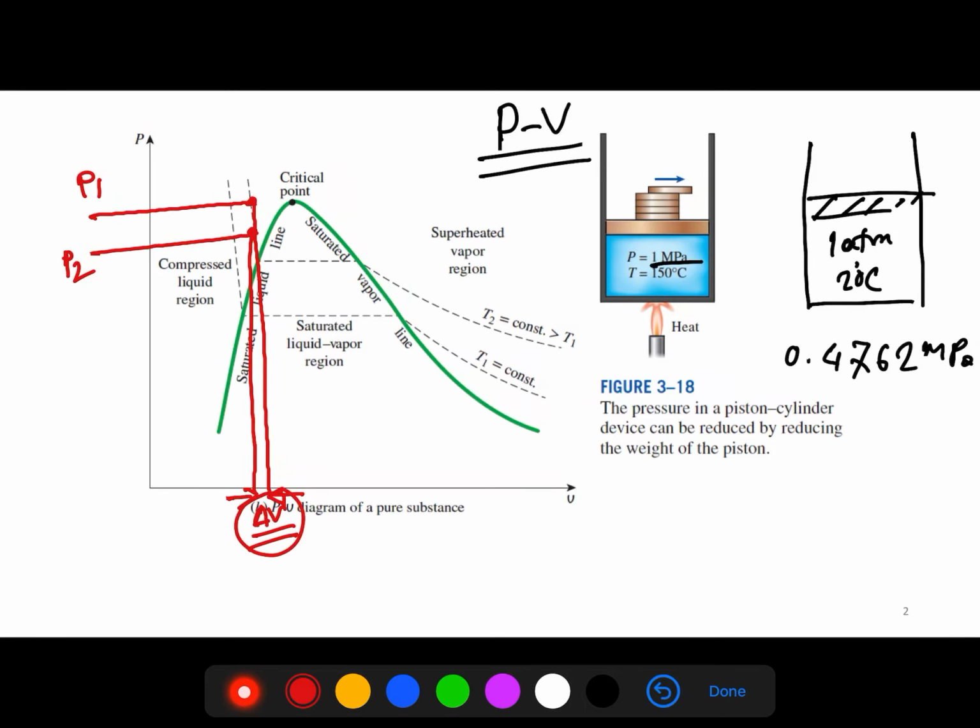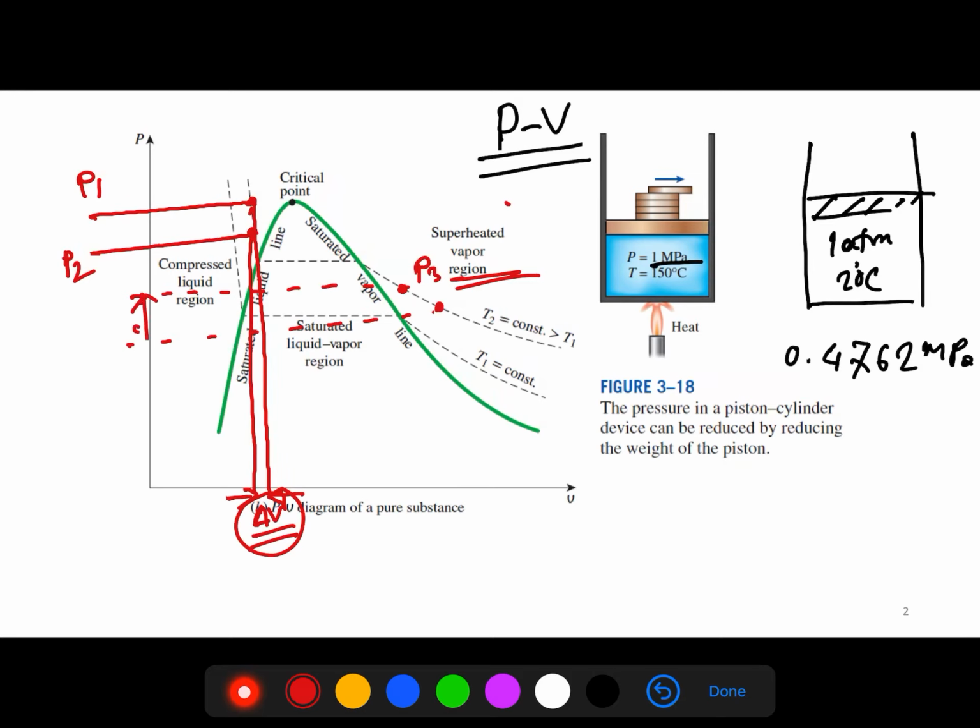But if we take a similar pressure drop here, let's say another point in this superheated vapor region, this is P3 and this is P4.